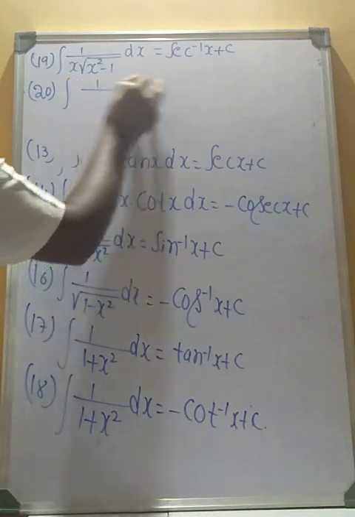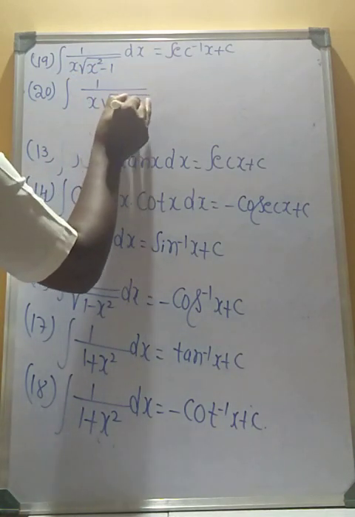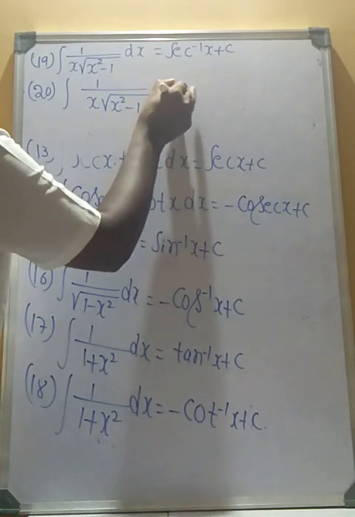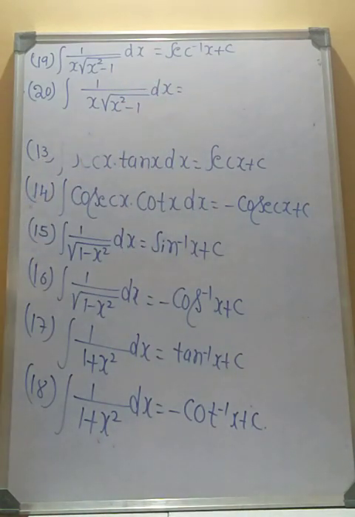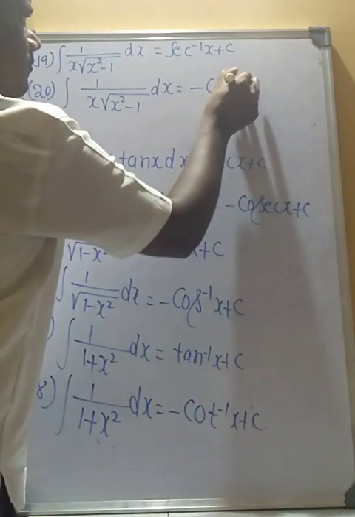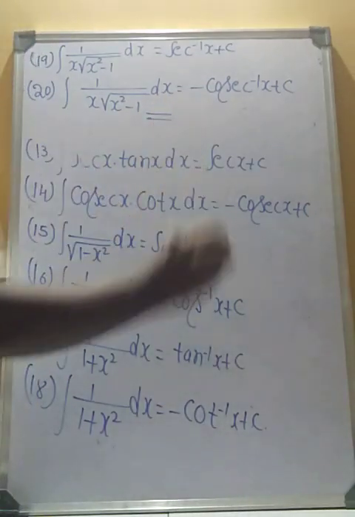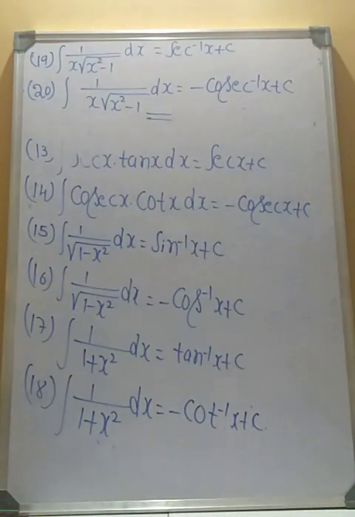Integral of 1 divided by x into root of x square minus 1 into dx is equal to minus cosecant inverse x plus c. So these 20 formulas, list of standard integrals.